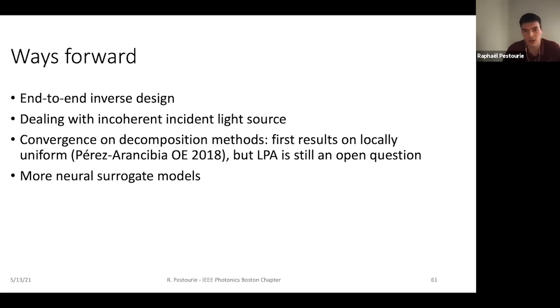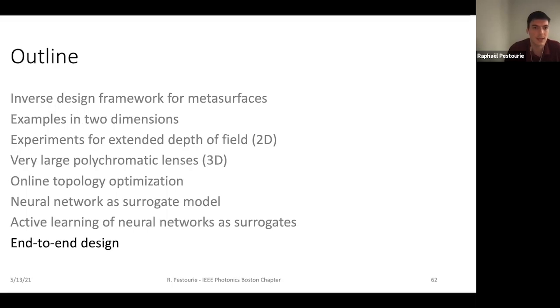You should use another decomposition method, and there are other decomposition methods out there that are very useful. And I'm also excited about those neural surrogate models for physics, for knowledge discovery, and also for inverse design purposes. But as I said, you want to use them cautiously, when they're actually useful.